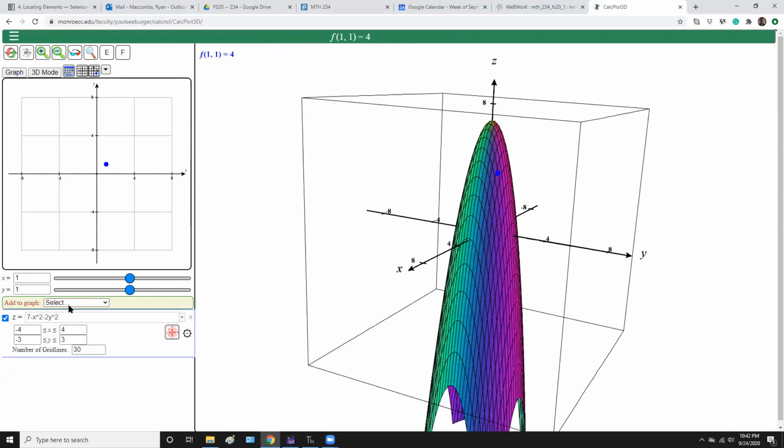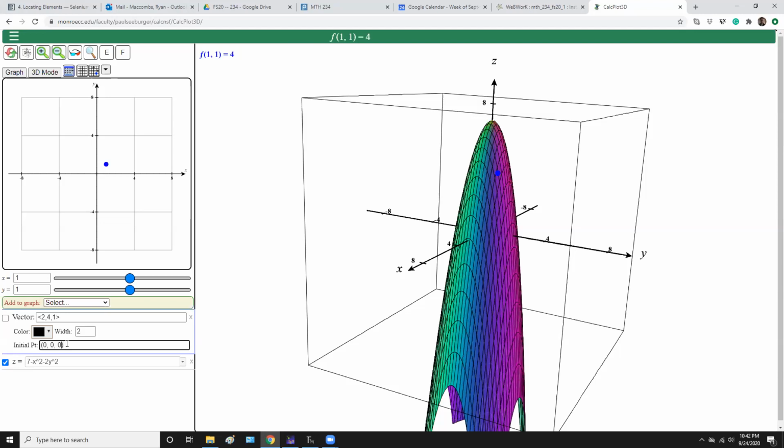And let me go ahead and add a vector, right? The vector that we found, that we think is the answer, is this 2, 4, 1. So I'm going to graph the vector 2, 4, 1, and we want it coming out of this point here.